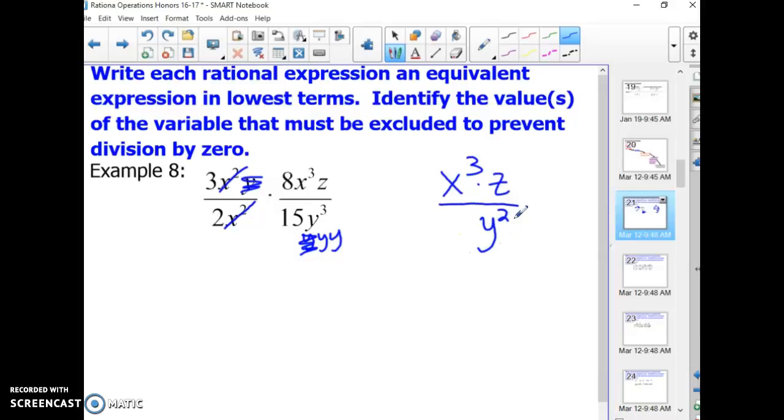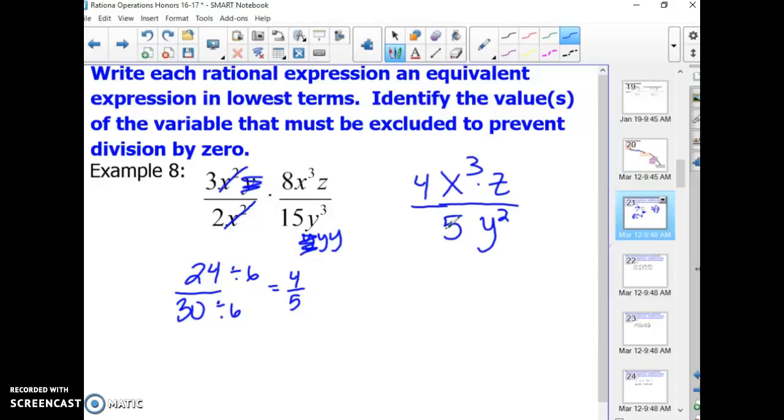Okay? So now I have 3 times 8, and you got 2 times 15. So I can multiply those out, so 3 times 8 is 24, 2 times 15 is 30, and I could simplify those, because both of those will divide by the number 6. So then that becomes 4 over 5. Okay? So I know that I have a 4 up top and a 5 on the bottom. That's one way to see it.